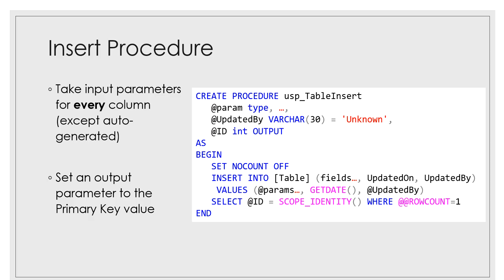Whew, job done, but not quite. Because remember, we want to return that newly generated primary key value. So we finally say, hey, we'll select a value into that parameter, and that's all we have to do is make sure it has the right value when it returns. So, have you talked about identity and scope identity? Okay, good.